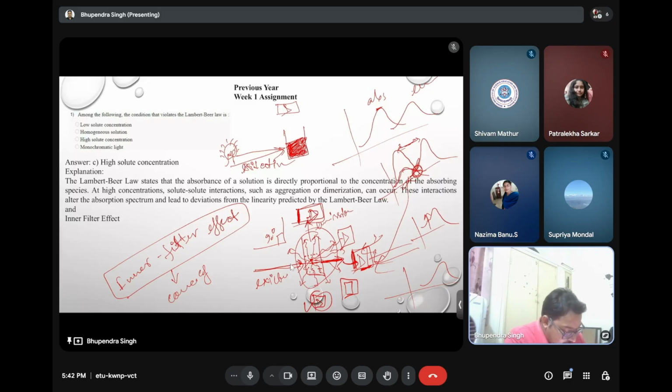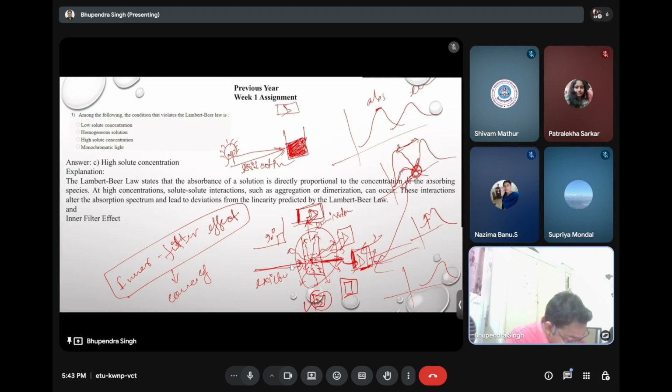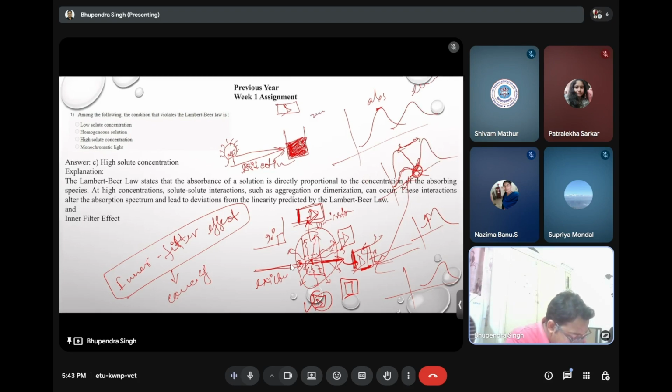Why? Whenever you work, or maybe you have worked, in a spectrophotometer or fluorimeter, in any of the instruments, there is a pinhole, which sets how much wavelength you want to select. Let's say 2 nanometers, 3 nanometers for your absorption or emission. We call it the bandwidth. So let's say only 2 nanometers. So the pinhole is there.